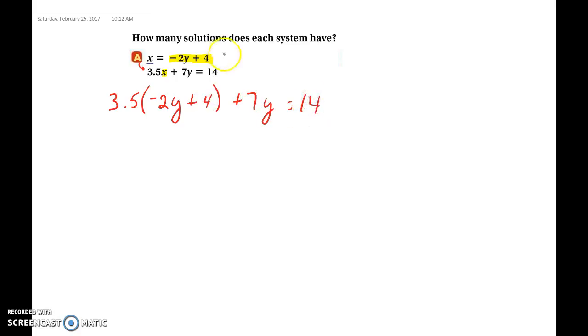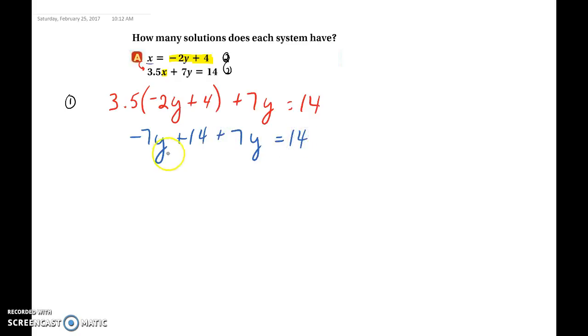Now remember, we had two different variables, so we couldn't solve as is. Now we're down to one variable, y, which we can solve. 3.5 times negative 2y is negative 7y. 3.5 times 4 is 14, so plus 14, plus 7y is equal to 14.